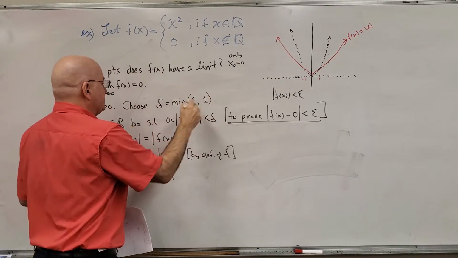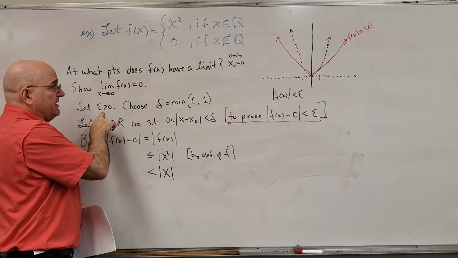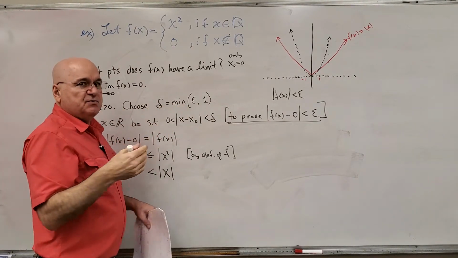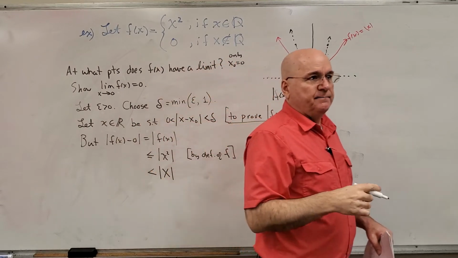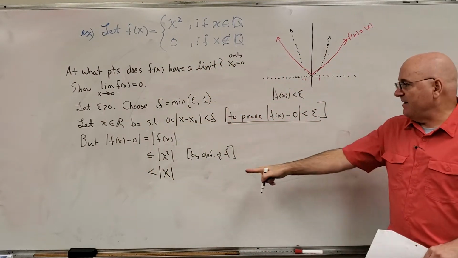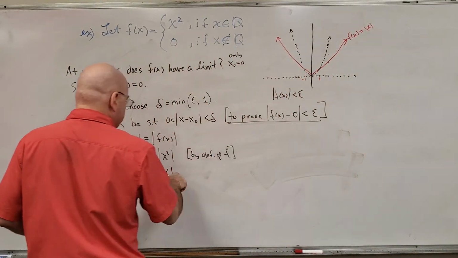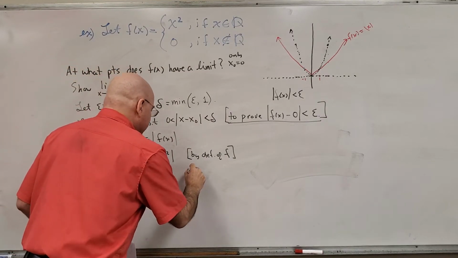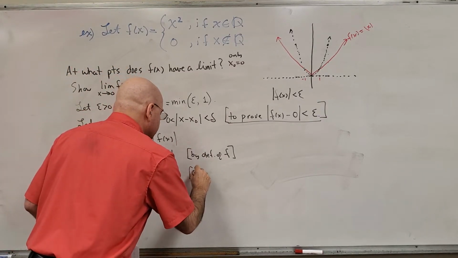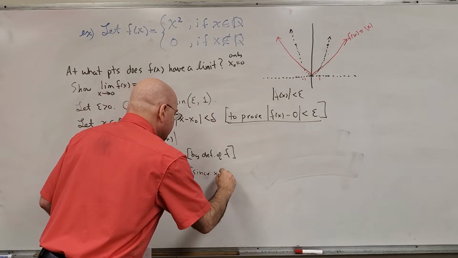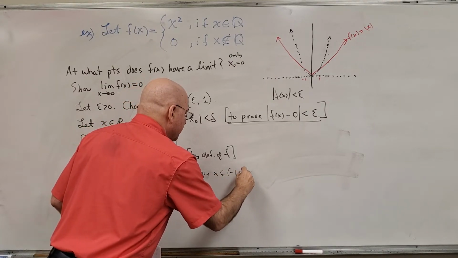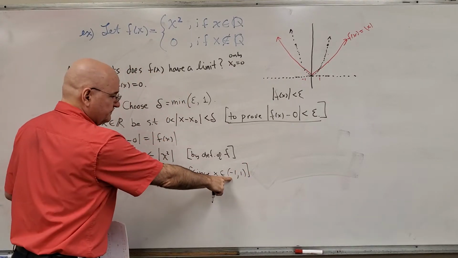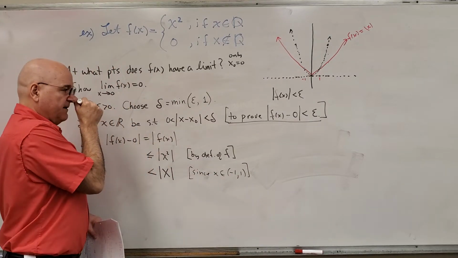So even if we chose an epsilon to be really big, my delta I'm going to choose to be less than 1. And now this is true. Let's make it clear. I'll put since x is in between -1 and 1. It's in the interval of -1 and 1.